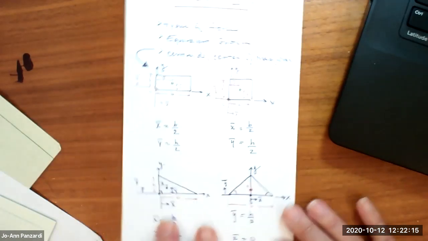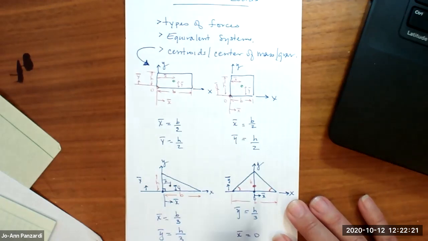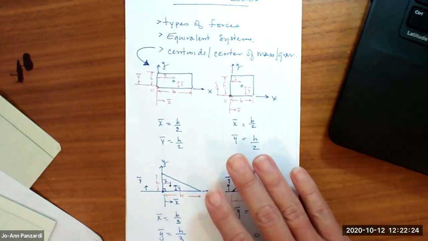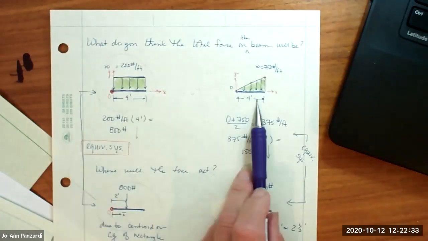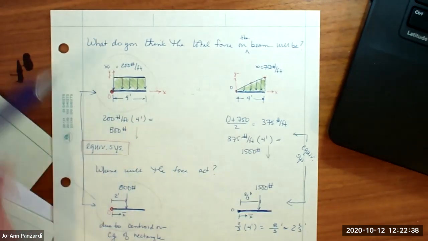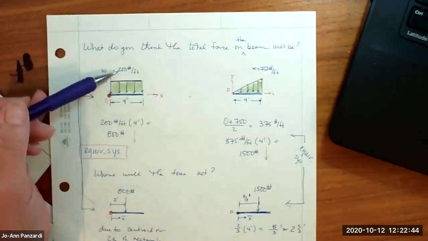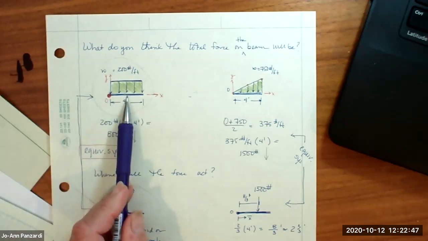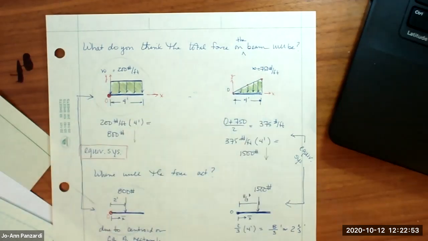We know where the centroid is for rectangles and for triangles. And we looked at two distributed loads, one a rectangle and one a triangle. And we realized that in order to calculate the resultant force here, it's really just the area of the distributed load. So in this case, it's 200 times 4, and it's located halfway in the center of the force. Here it's 750 times 4, and the resultant force is 2/3 over.